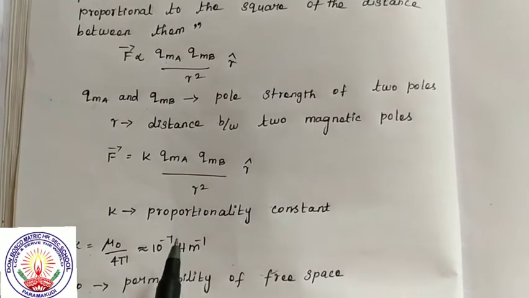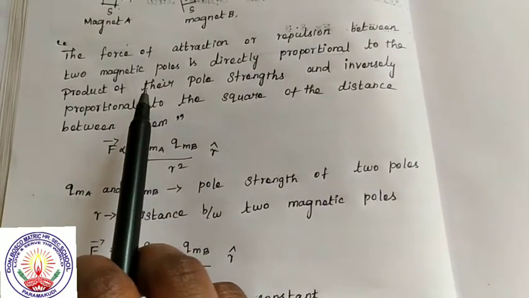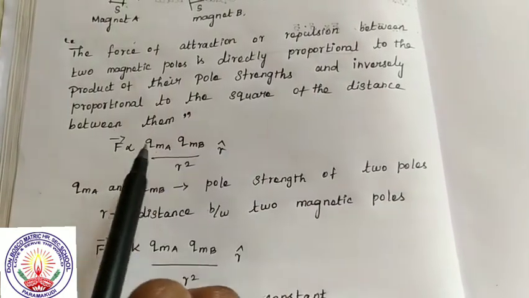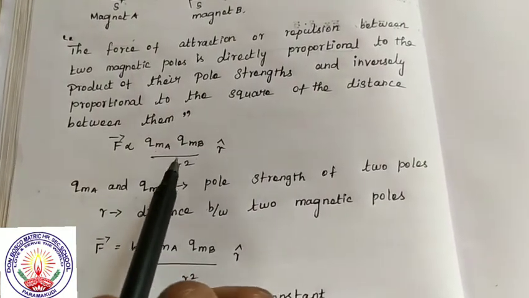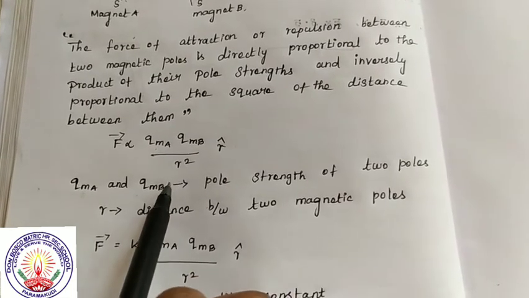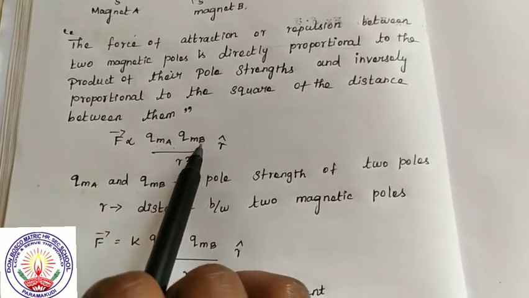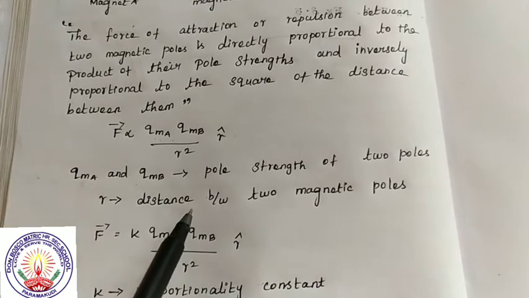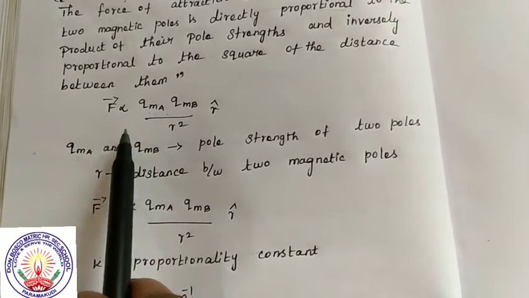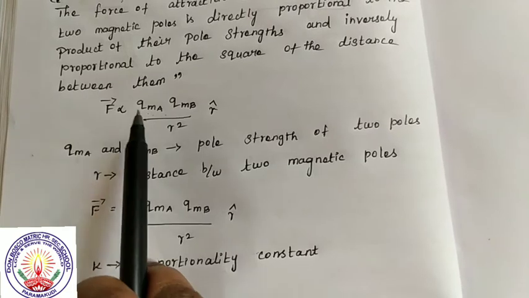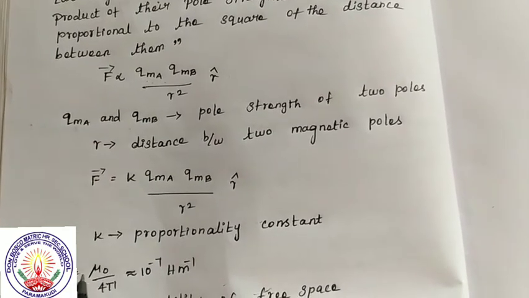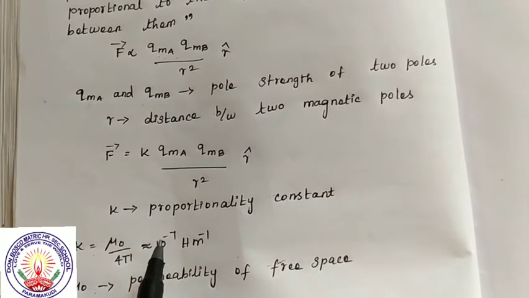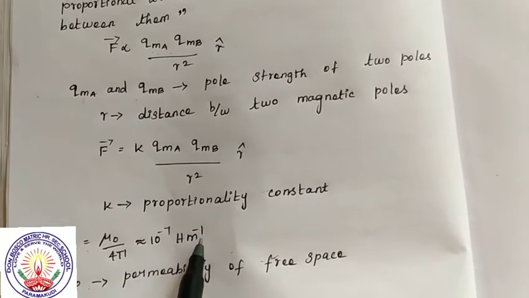This is an important 3-mark question. First you have to write the statement: force of attraction or repulsion between two magnetic poles is directly proportional to the product of the pole strengths and inversely proportional to the square of the distance. QMA and QMP are the pole strengths of the two poles and R is the distance. Then we substitute the proportionality constant K, and the value of K is mu naught by 4 pi, equal to 10 to the power minus 7 Henry meter minus 1.